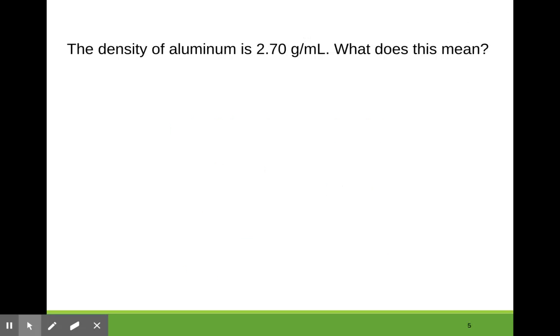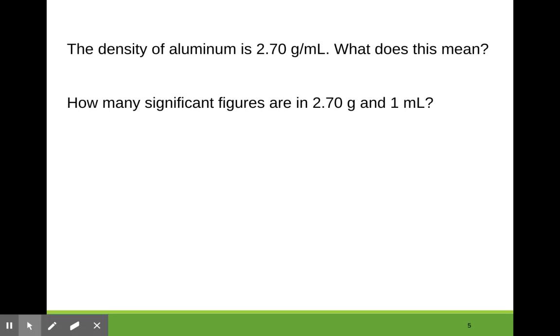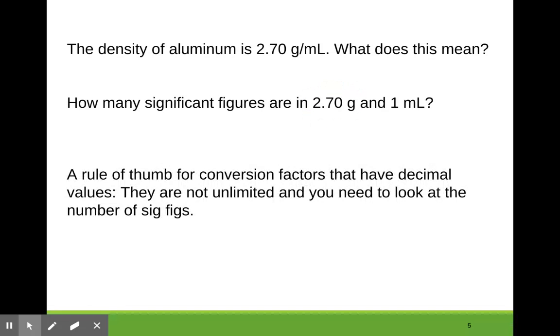Now we look at density. The density of aluminum is 2.70 grams per milliliter. Well, what does this mean? This means that 2.70 grams is equal to 1 milliliter.